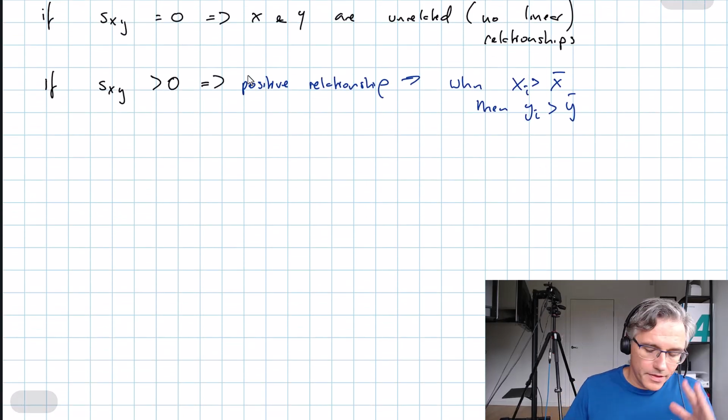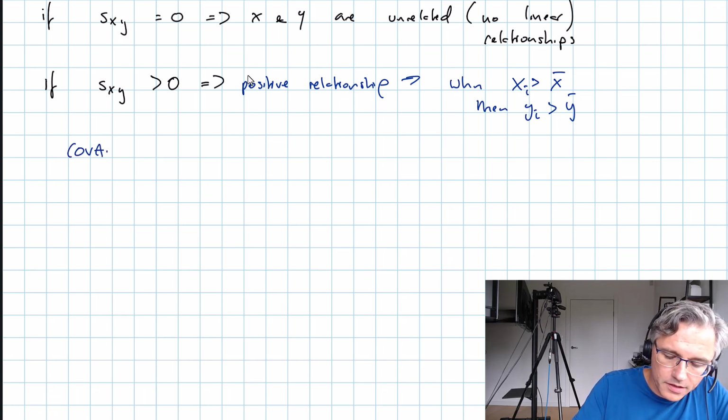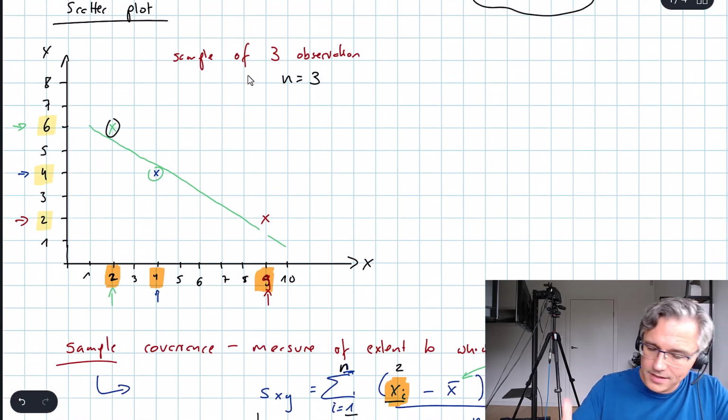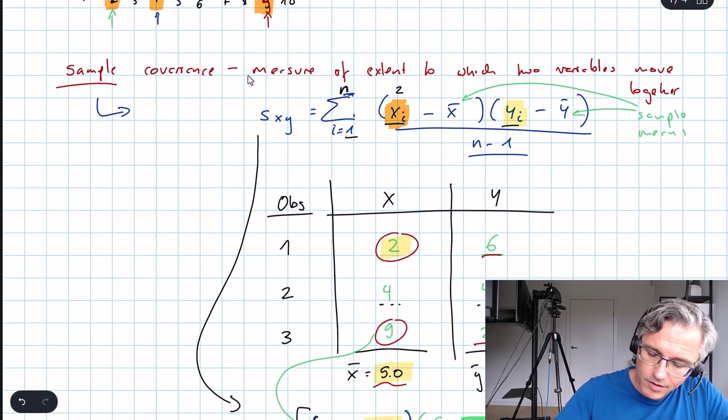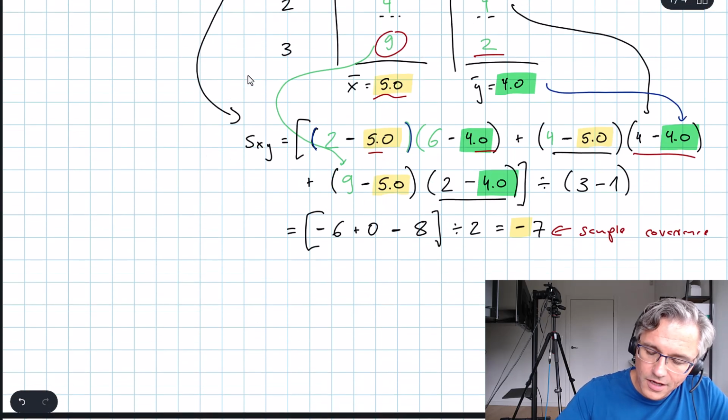Okay. Now, the problem with covariance is that it's not very useful, and you have to kind of appreciate this. Covariance is measured in units squared. So, for example, let's say these were fund returns, and this was 2%, 6%, and so on. Effectively, this is also measured in percent.